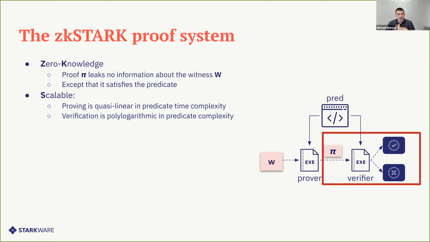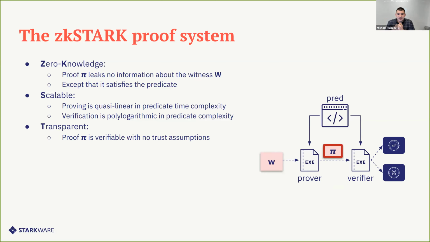But the verification would be only polylogarithmic in the time that it took to compute this predicate. So actually in ZK-STARKs, the verification of almost every computation takes in the order of milliseconds.